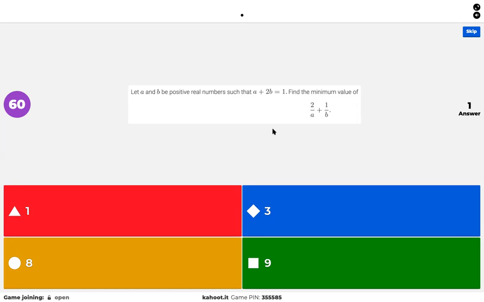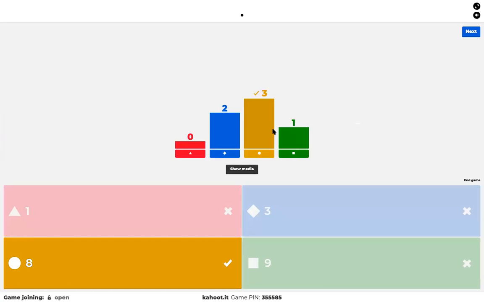This one is a Cauchy-Schwarz Inequality problem. Okay, nice.